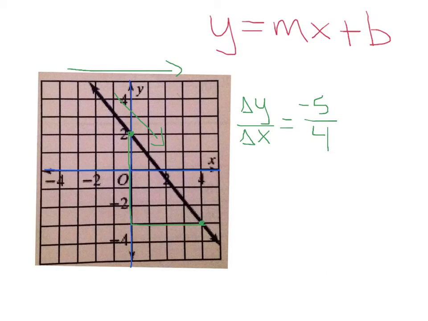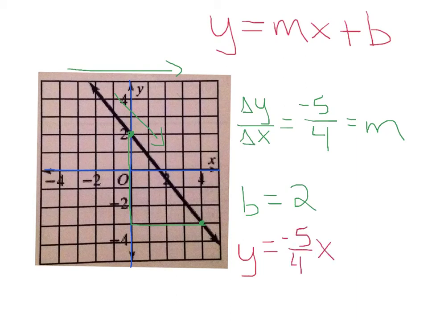That is an improper fraction. We can keep it just like that. And now let's find the y-intercept. Where does it cross the y-axis? Right here at 2. So my equation is y equals slope negative 5/4 x, and then the y-intercept plus 2.